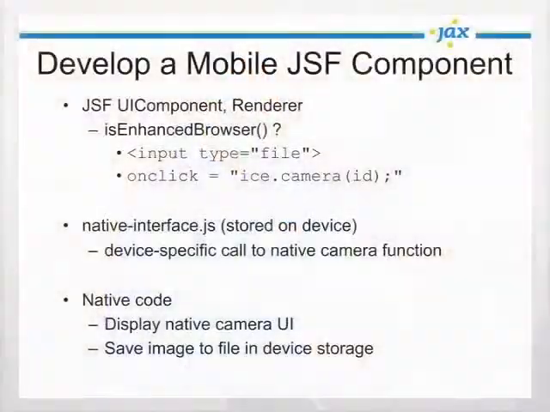If it's not an enhanced container, then in the example of the camera component, you just render out an input file. If it is an enhanced container, then this renderer renders out an on-click that calls the simple ICECamera JavaScript, which hooks into the container and displays the image picker or the camera interface.